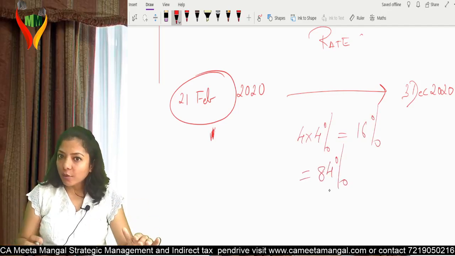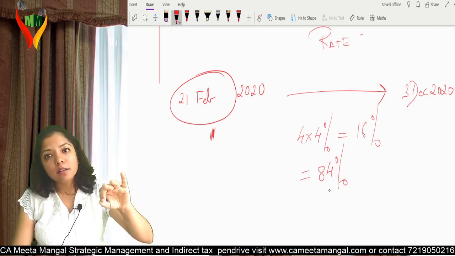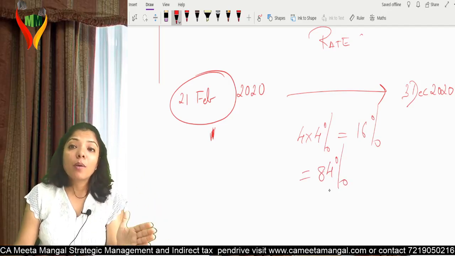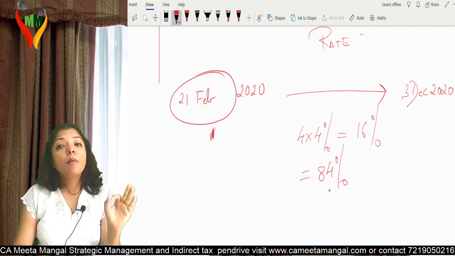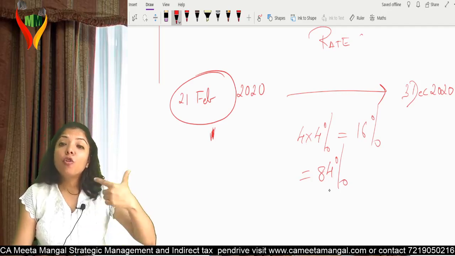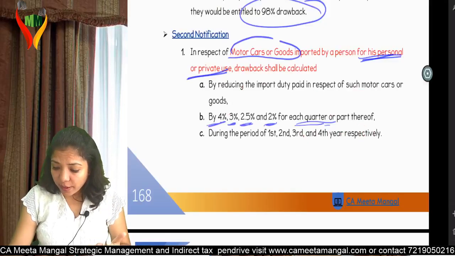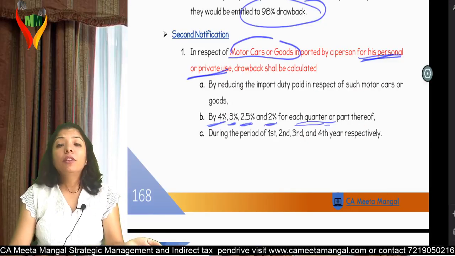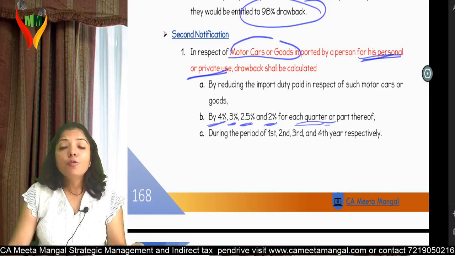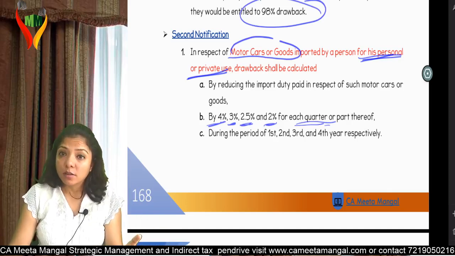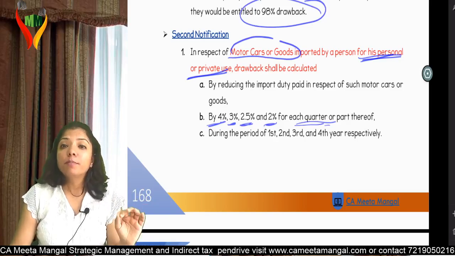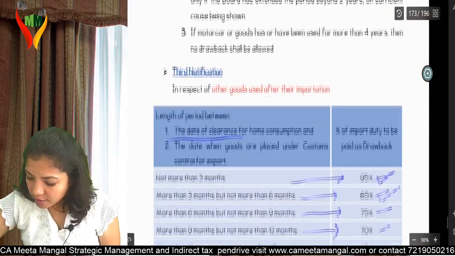So what they're trying to say is, in the first year, we reduce 4% per quarter. For the second year it will be 3% per quarter. For the third year 2.5% per quarter. And if we export in the fourth year, it will be 2% per quarter.